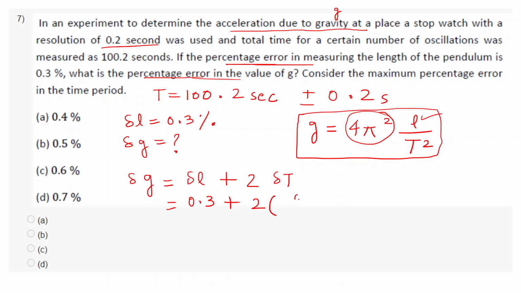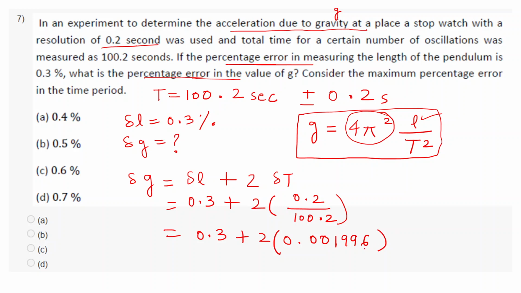This will be 0.2 divided by 100.2. Okay, so this will be 0.3 plus 2 times, let's see what we'll get. This will be 0.2 divided by 100.2. What I'm getting, calculating this with the calculator, is 0.0019996, and more digits are there.